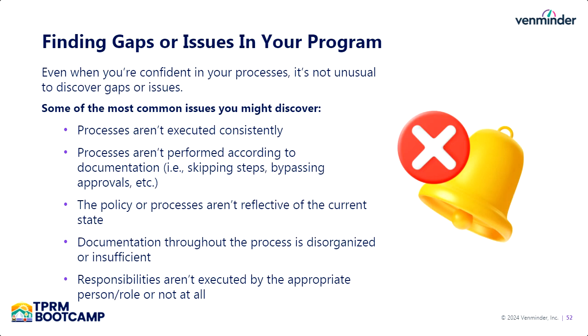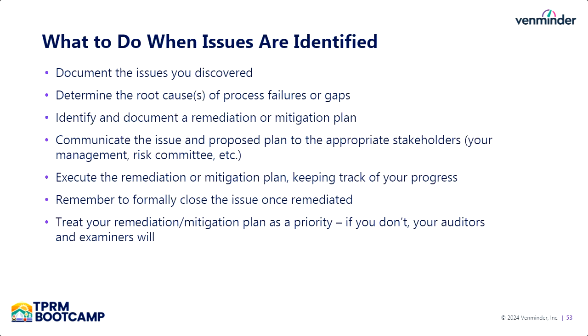Finding issues when you go through those self-audits is not unusual, and you might find some of the issues listed here. Maybe your processes are inconsistent or your stakeholders aren't following the processes exactly how they're written. And if you do find any issues in your processes, you'll want to take these steps.